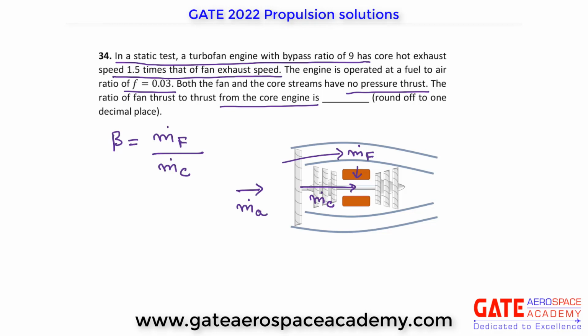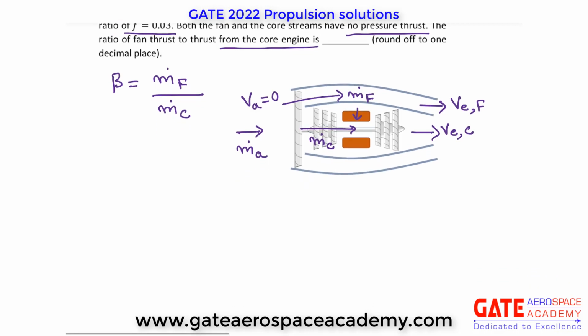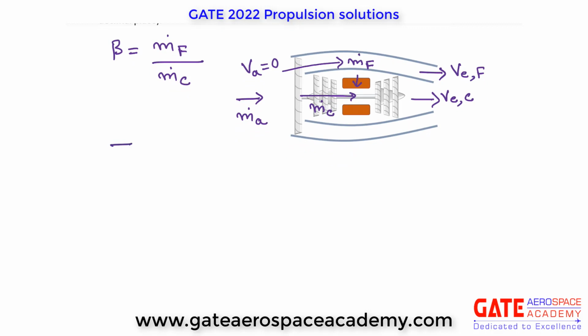Here we will mix fuel, and fan exhaust speed, let's say it is V exit fan. Exhaust from core engine is V exit core. They are telling that it is static test, right? Means VA is equal to 0. Correct? Now we have to find out ratio of thrust through the fan duct and thrust through core duct.